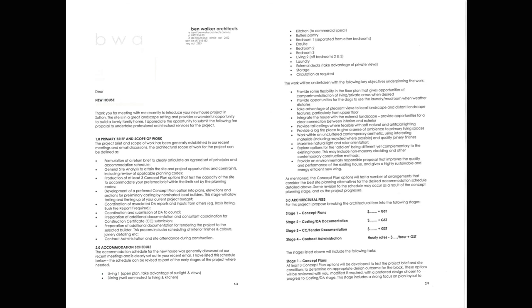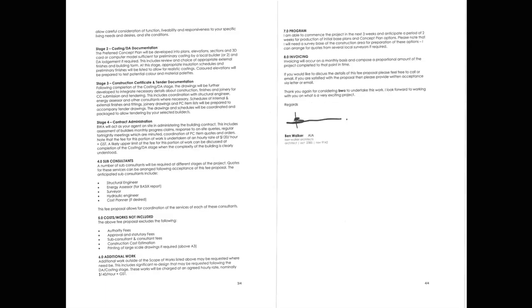But we do see here the understanding of the project through the project brief and the accommodation schedule, and the fees for the project, which are things that were listed as things that should be in fee proposals in the previous slide.